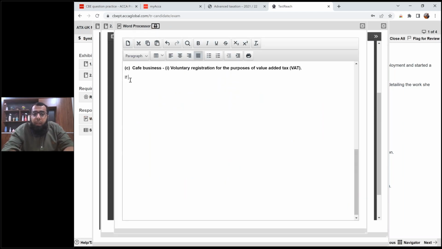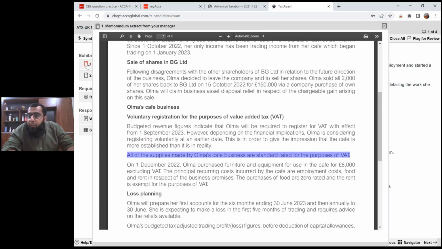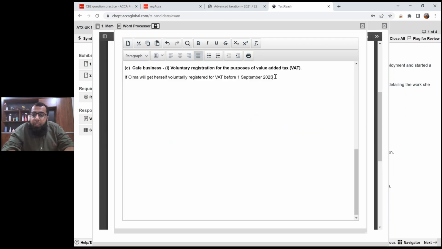If Alma gets herself voluntarily registered for VAT before 1st September 2023, if I'm not wrong, yes, before, because on 1st September 2023 she has to get herself compulsorily registered. Before 1st September 2023, she will be able to recover her input tax.